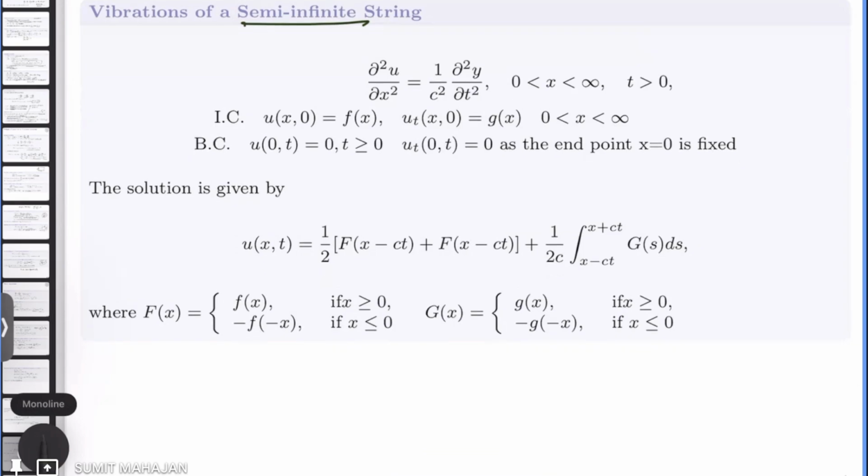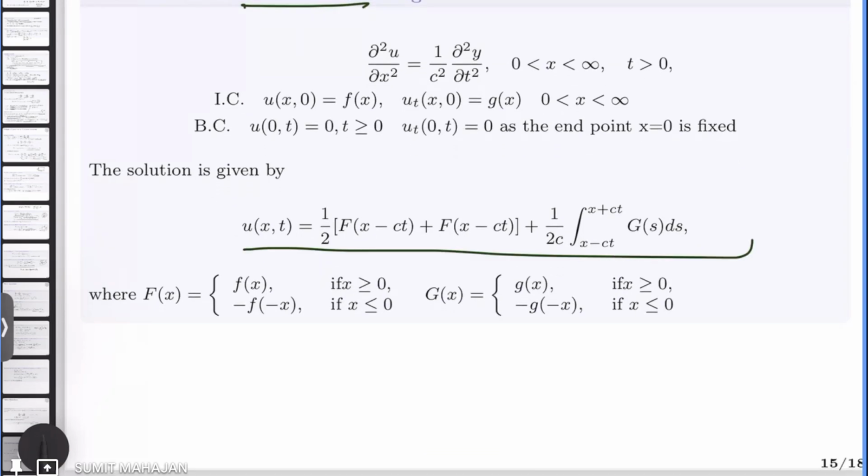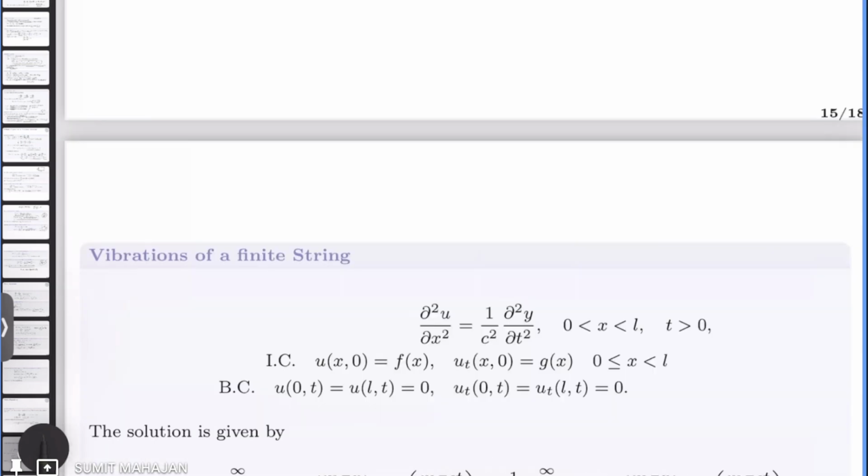Then what can we write? We can write the solution in this form: u of x comma t is equal to half capital F of x plus ct plus capital F of x minus ct, where capital F and small f are defined as F of x is equal to f of x for x positive, and in the negative part we are taking minus of f of minus x. Similarly for the g of x case. So in the case of vibration of an infinite string, it is defined as follows.